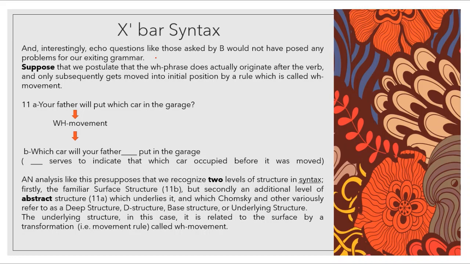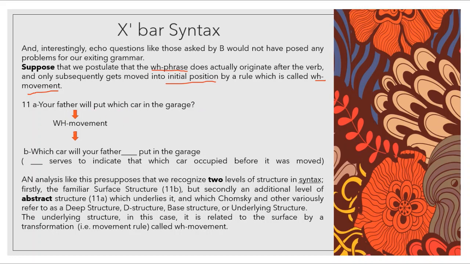Using the rule we called WH movement, this NP, this WH phrase, moved to the initial position. So let's read this and try to focus here. Your father would put which car in the garage?